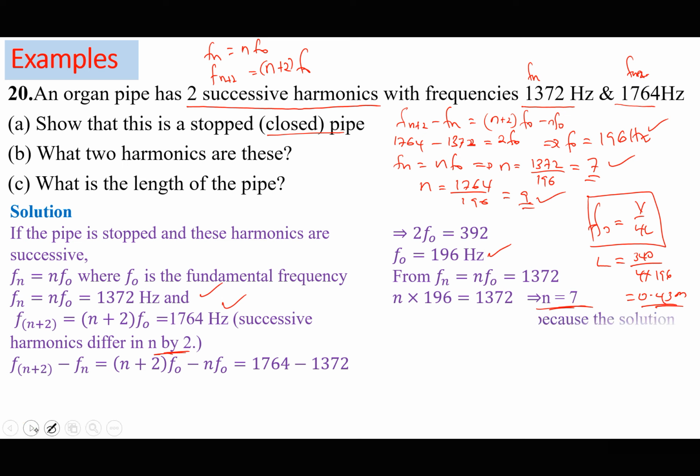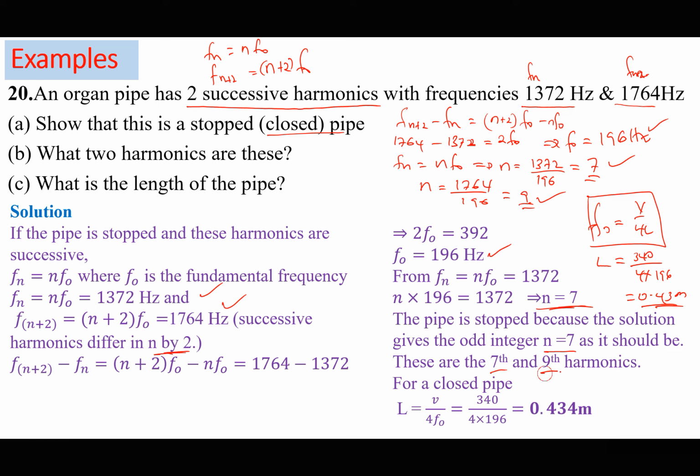So the pipe is stopped because the solution gives the odd integer n equals 7, as it should be an odd number. And these are the seventh and the ninth. And for a closed pipe, I've already shown that L is equal to v over 4 f naught, which gives us this, assuming that the speed of sound in air is 340 meters per second.